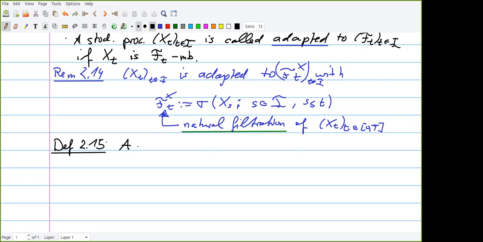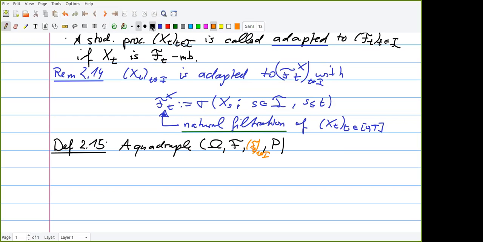So I want to consider a quadruple consisting of a probability space as usual, so I have a sample space, sigma algebra, and probability measure P. And I want to add the filtration.